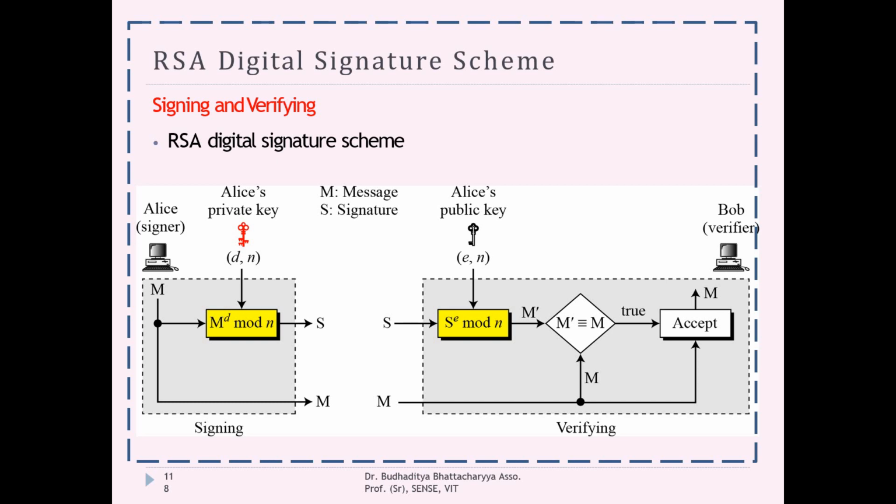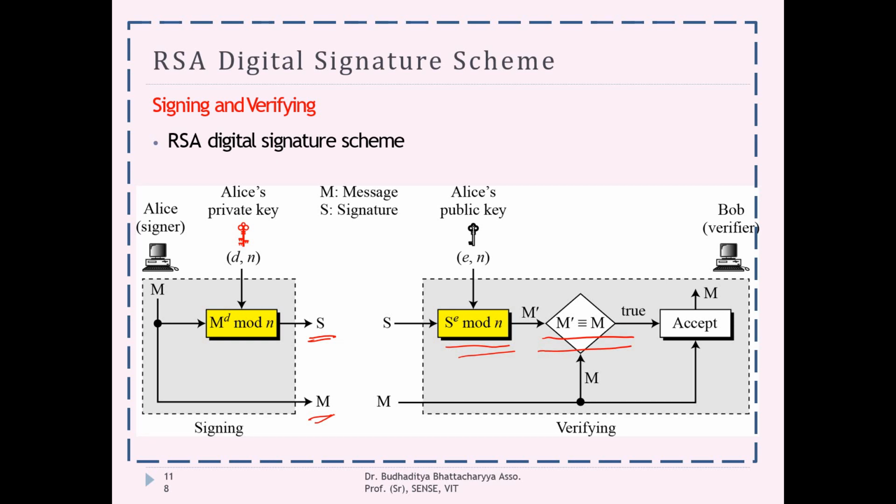The only change is that a signature comes in, and there's a message which is separate. The signature goes into the receiver, where a similar decryption, or verifying, process happens based on the private key and the public key of Alice, and we verify whether the signature is correct or not. If it is okay, then we consider that the user who signed the document is genuine. We don't have any problem with it.